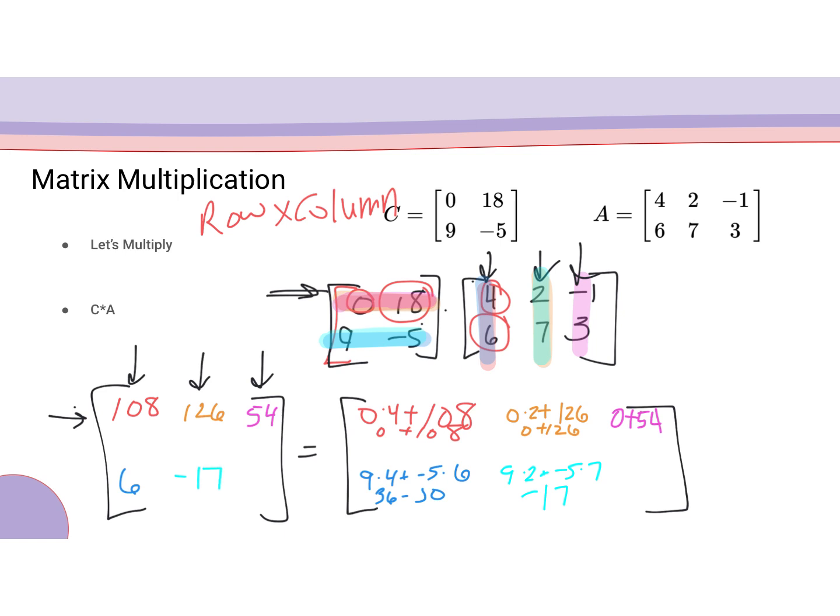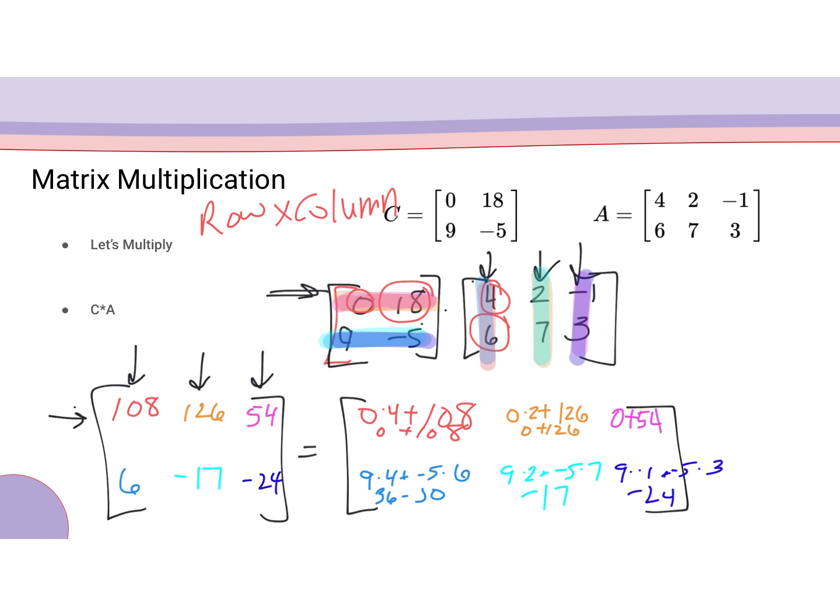And then our last one here, I don't know if I've used this dark blue yet. 9 and negative 5, negative 1 and 3. So again, cell by cell, 9 times negative 1 plus negative 5 times 3. So negative 9 minus 15 is negative 24.